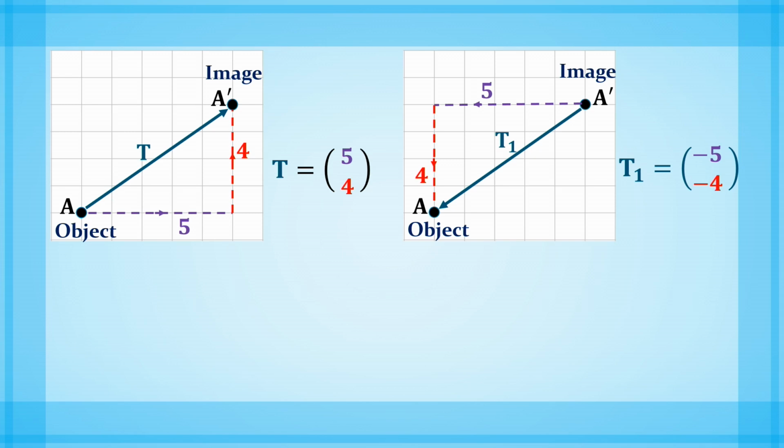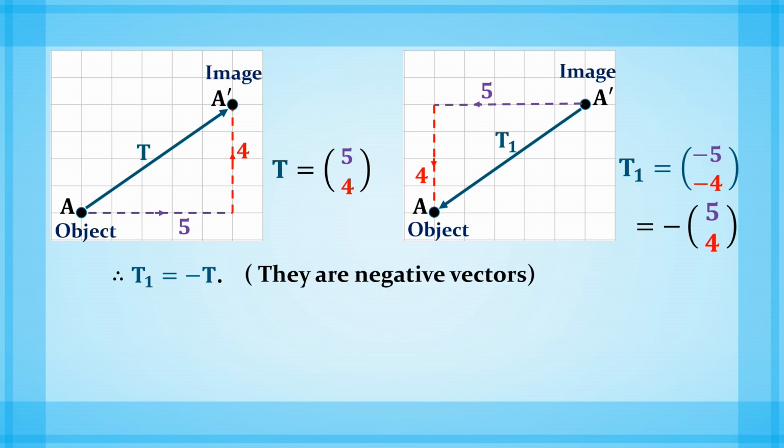So the vector T1 equals negative of the vector with components 5 and 4. Therefore, T1 is equal to negative T, implying they are negative vectors.